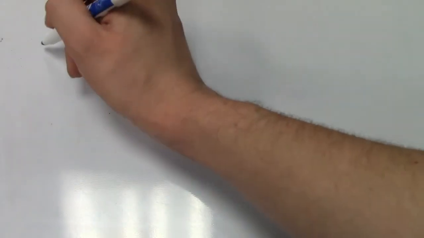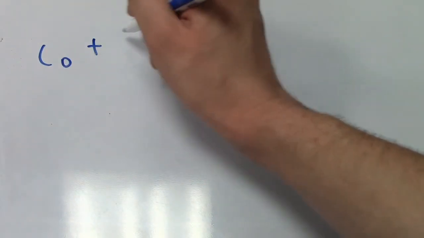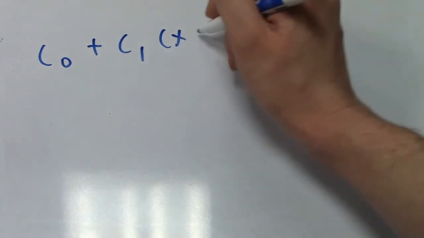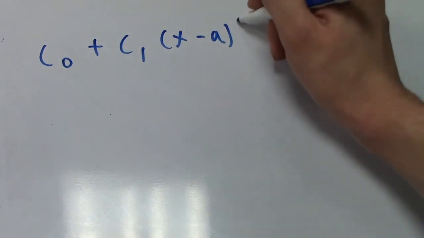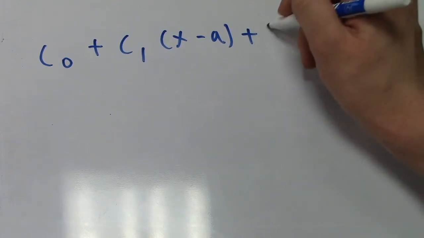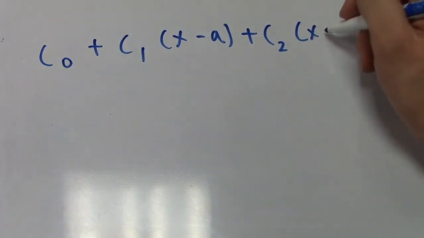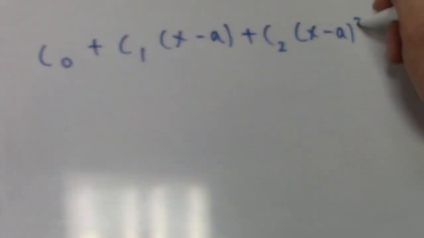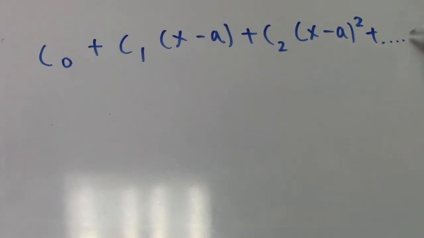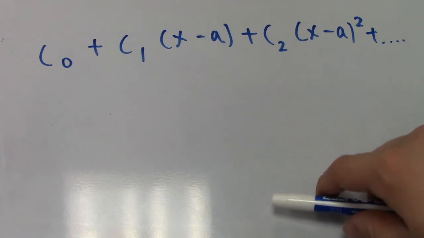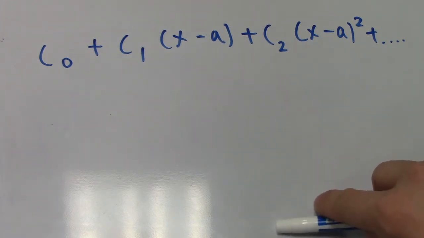Now that I've discussed power series convergence, I'd like to go over some of the potential manipulations we can do to a power series. And to go along with that, I'm going to write out the first few terms of a general power series. Now our first term is our 0th coefficient. I don't write x minus a along with that because we're taking that to the 0th power, and anything to the 0th power is 1, so there's no point in writing x minus a.